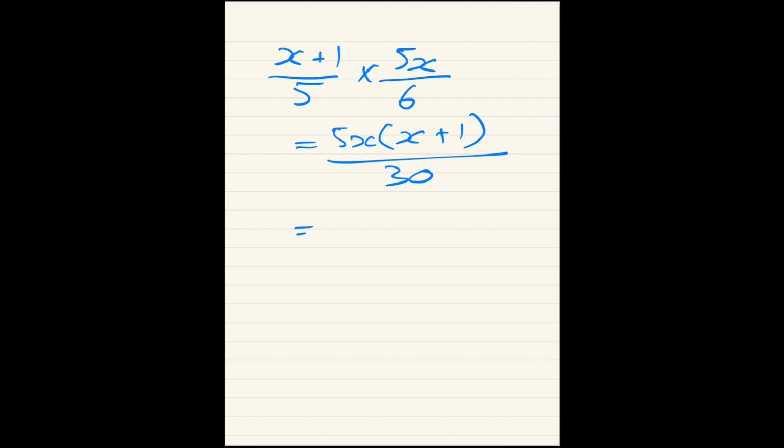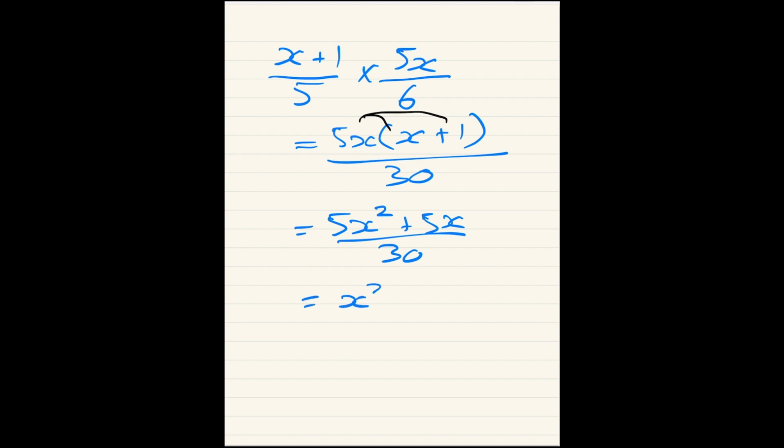Let's expand our bracket. So we can simplify at that point if you prefer, but we'll expand our bracket. So we get 5x squared, so I'm multiplying in turn, and then 5 times 1 is just 5x, still over 30. And here we're looking for any common factors. So common factors of 5 and 30, of course, are 5.